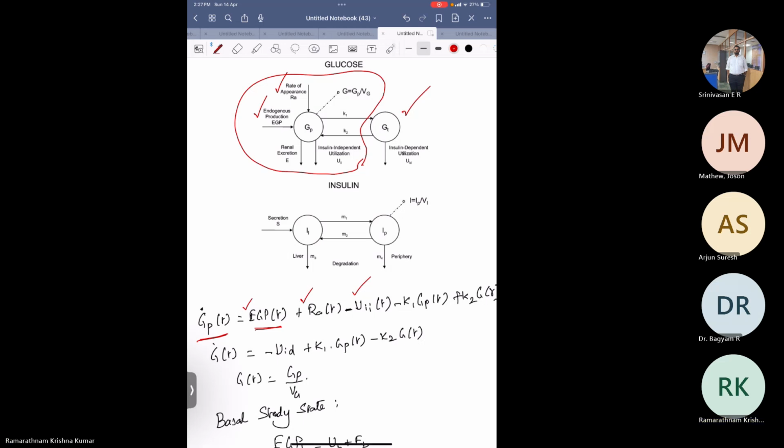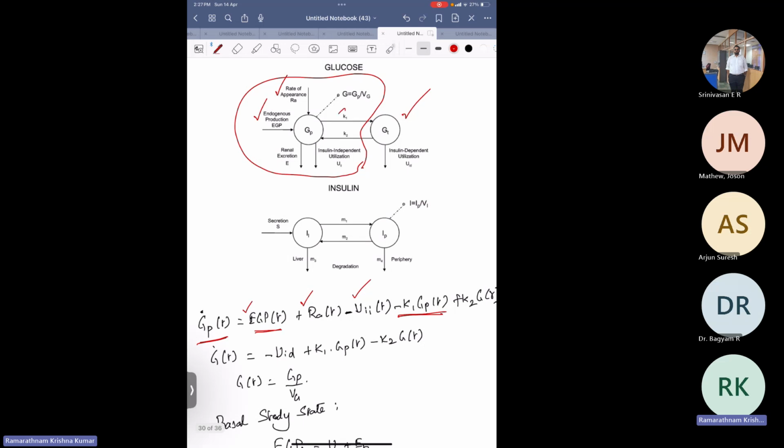Then the utilization in the tissue, the rate at which it is being utilized, K1 into GP. Okay. Then there is always a feedback, and K2 into GT is what is coming in. So K1 and K2 are here. So the first equation is just a mass balance equation. Understood? Yes, sir.